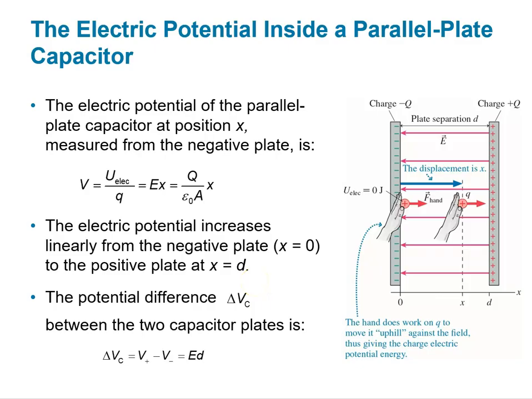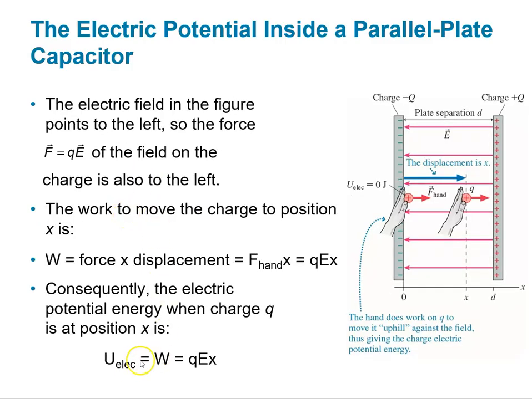Now, if we want to relate it to potential, potential is equal to potential energy divided by Q. And we said that U was equal to Q times E times x. It's kind of hard to show on here how we derive this formula.